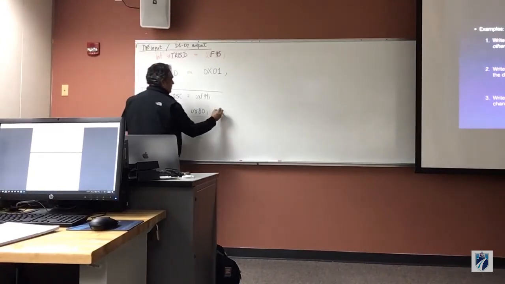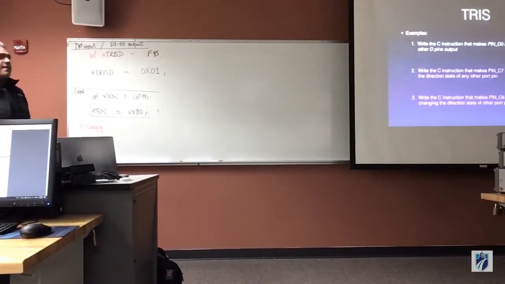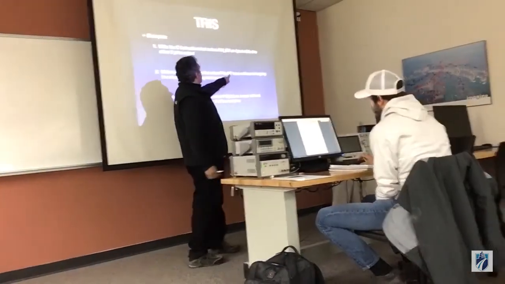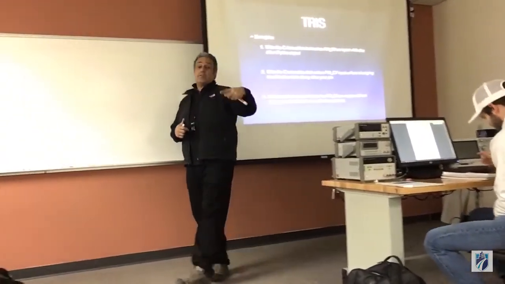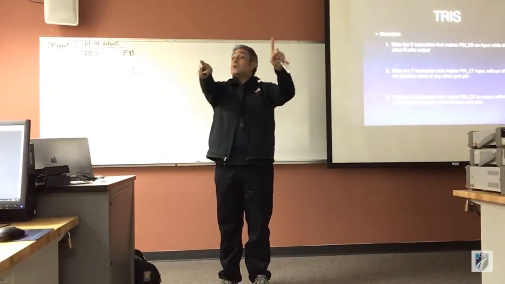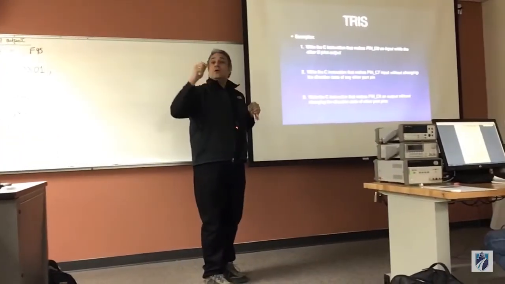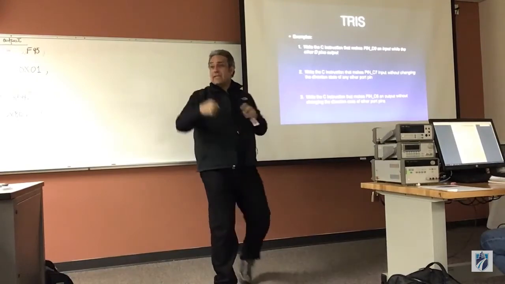The question is, if I want to make C7 an input, here's the logic that you follow. If I'm going to make C7 an input, I need to put there a 1. Right? Set it. So I need to set. That's the next logical step. What is the gate that I use for setting? The OR gate. Very good.